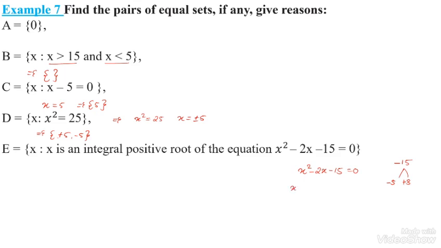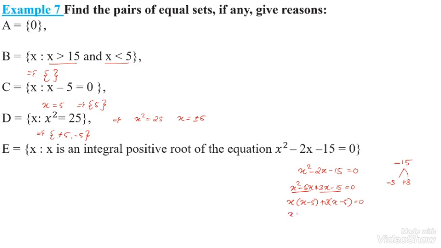So I can write it as x squared minus 5x plus 3x minus 15 equal to 0. While grouping, we get x minus 5 times, taking x plus 3 as common. x minus 5 is common to both.